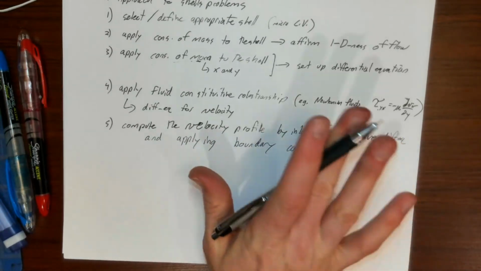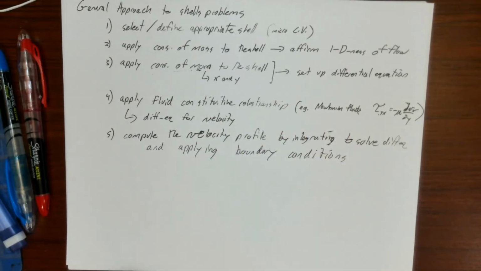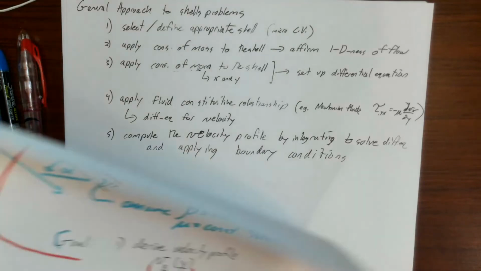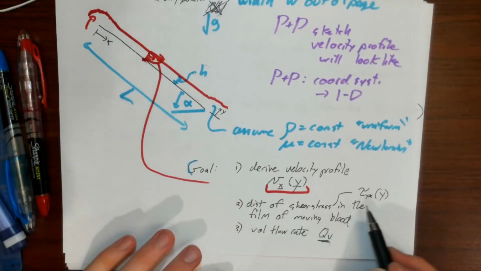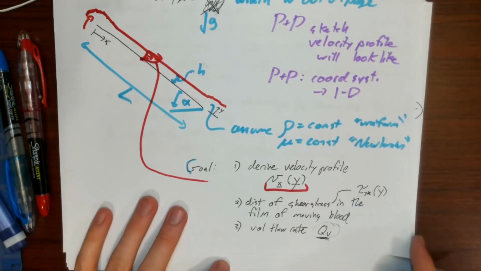Woohoo! But we don't necessarily pat ourselves on the back at this point. For our blood oxygenator problem, we're not looking to just rest on our laurels with having derived the velocity profile. We're also looking to get shear stress and the volumetric flow rate.